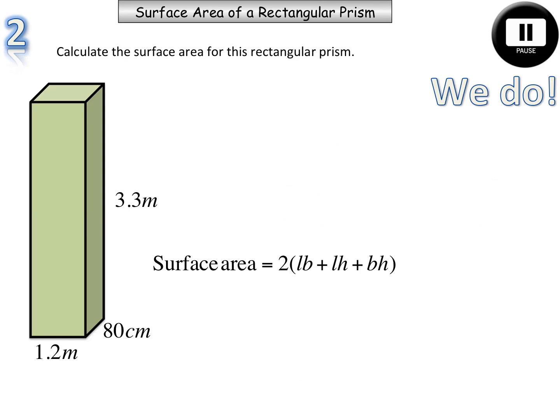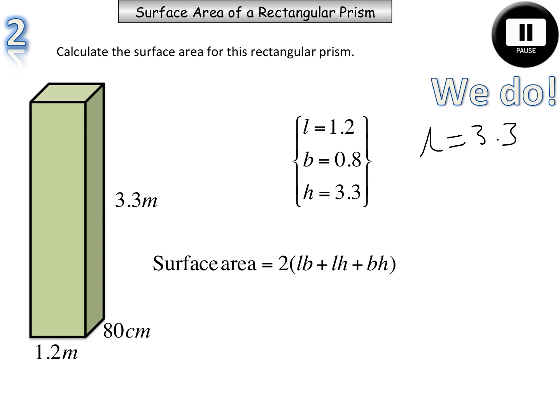Okay, the surface area formula of a rectangular prism is 2 times (LB plus LH plus BH). I've chosen length as 1.2. Some of you might have L as 3.3. That's totally fine, as long as you have your other two values. B is 0.8 and H is 1.2. That's one possible way.